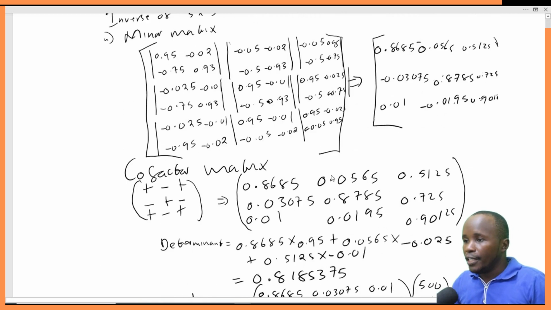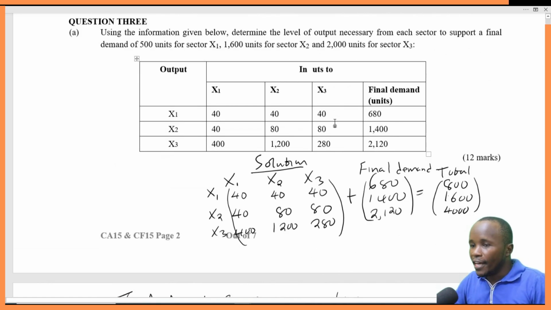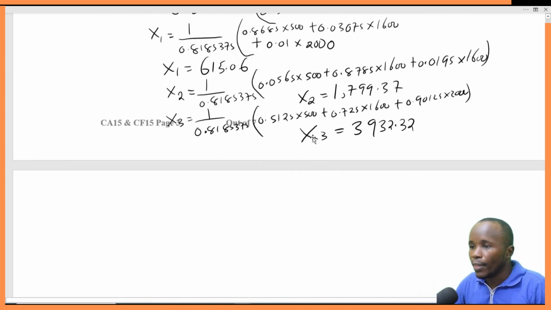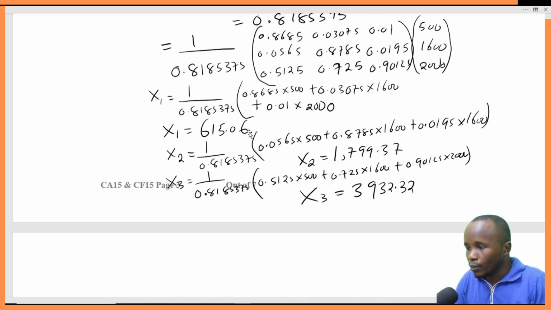Now, what do these X1, X2, and X3 represent? You are told, using the information given below, determine the level of output necessary. That means X1 should produce 615 units. Because of this 0.06, of course, you can't produce half a unit, this will give you 616.